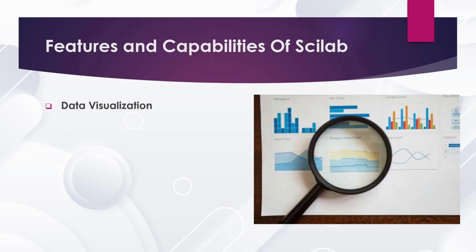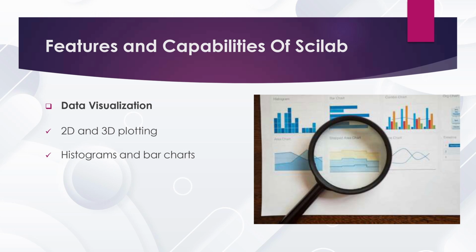One of the standout features of Scilab is its data visualization capabilities. Scilab provides extensive data visualization tools to help users analyze and interpret data effectively. Some of the key graphical capabilities include 2D and 3D plotting, which is used for plotting line graphs, scatter plots, and surface plots.